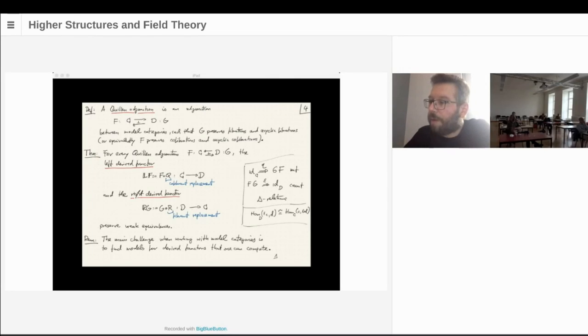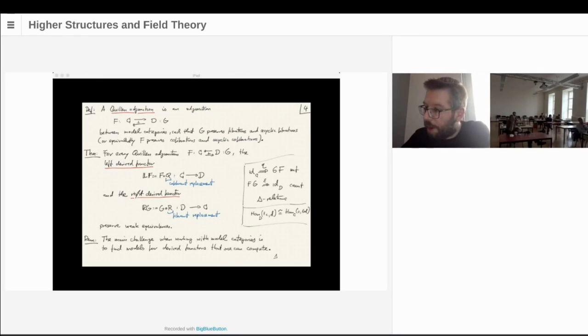It tells you that for every Quillen adjunction F, G, you can define a left-derived functor, which looks as follows. The left-derived functor is with this funny L. LF is the left-derived functor, and you get it by composing. You first do a cofibrant replacement, so you replace your object by a fatter one, which is a cofibrant object, and then apply the functor.